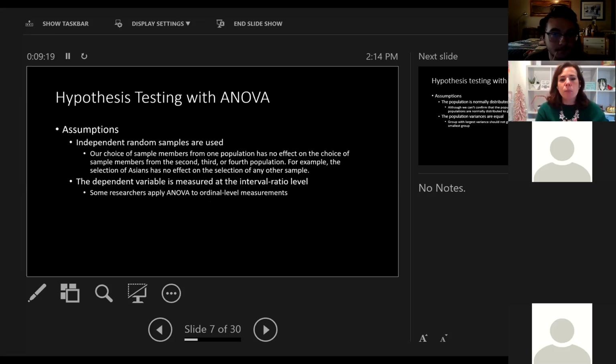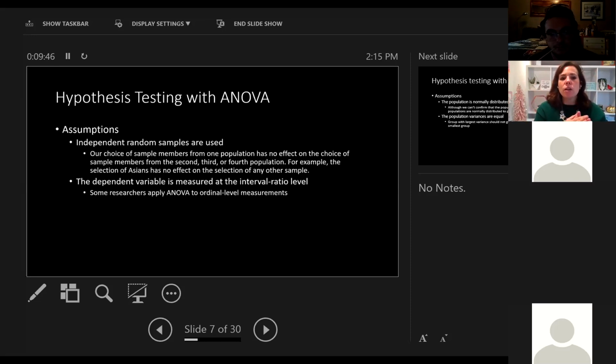So our choice of sample members from one population has no effect on the choice of sample members in the other, third, fourth, whatever population. For example, in the example from before, me selecting from the Asian group is not going to impact my selection of those in the Latino group, Black group, white group, etc.